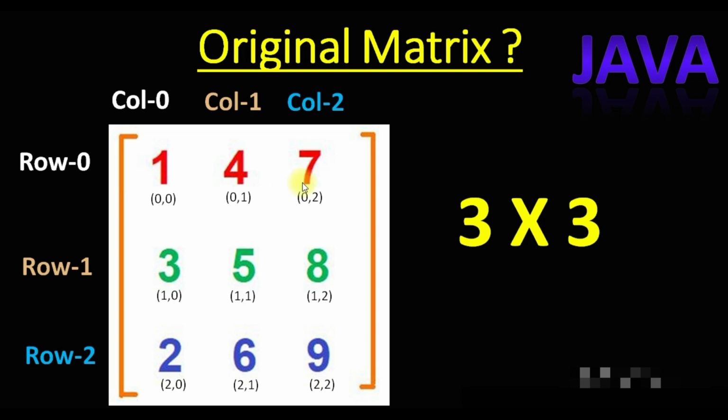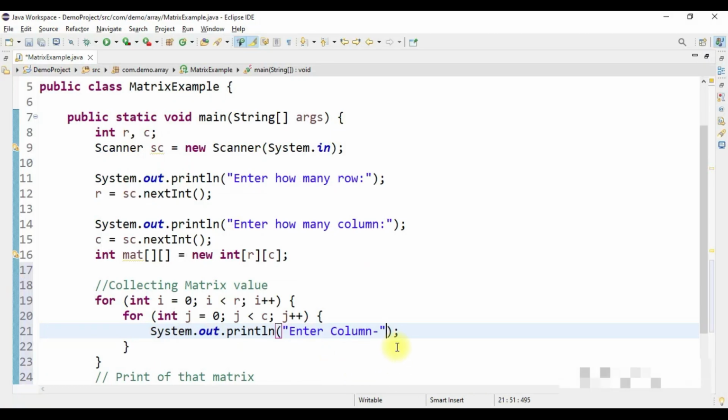Similarly this is row 1, row 2, row 3, right? So instead of column 0, we can start from column 1. And how can we do that? j starts from 0, but instead of j we can write j plus 1, right? So in the first iteration it will say column 1, in the second iteration it will say column 2.